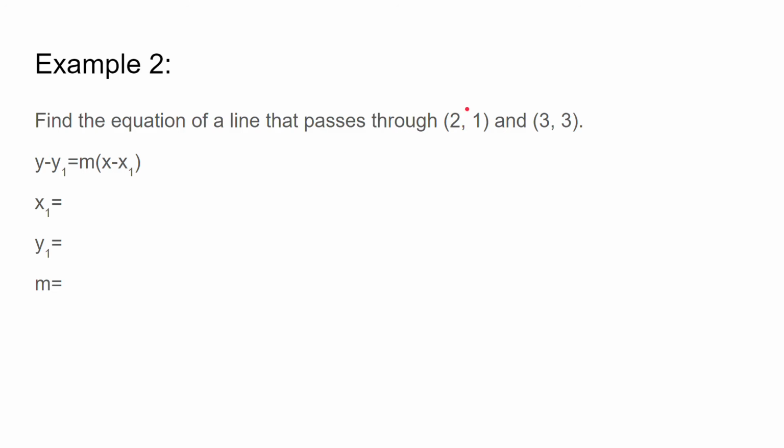So let's say this was the point we were going to use, so x1 will be 2 and y1 will be 1. To find the slope, we use the slope is equal to y2 minus y1 all over x2 minus x1.